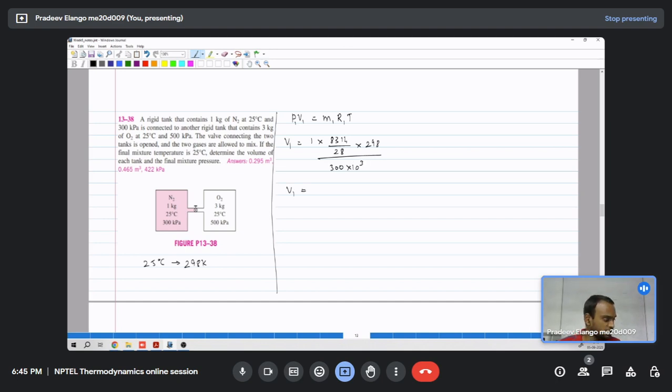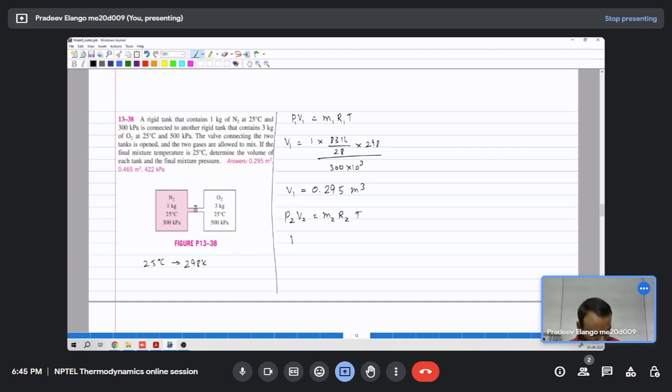So we can calculate the value of V1. So this is 0.295 meter cube.